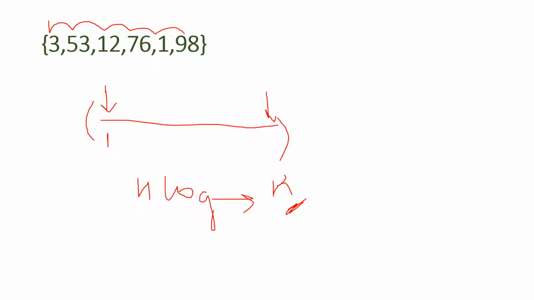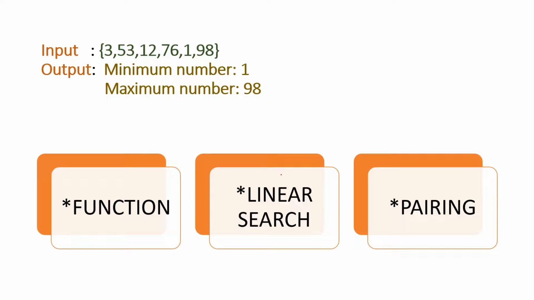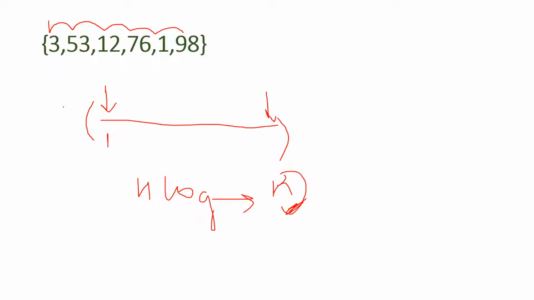Pairing also comes under n time complexity, which is equal to the last method. But the question here, they may twist it as find the minimum and maximum element with fewer comparisons. Here we are comparing each and every element, but in pairing, we can skip some comparisons, which is a bit negligible, but still it matters in some cases. So let's work on pairing.